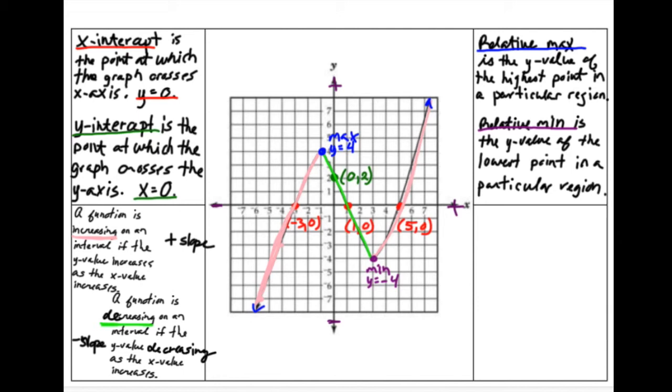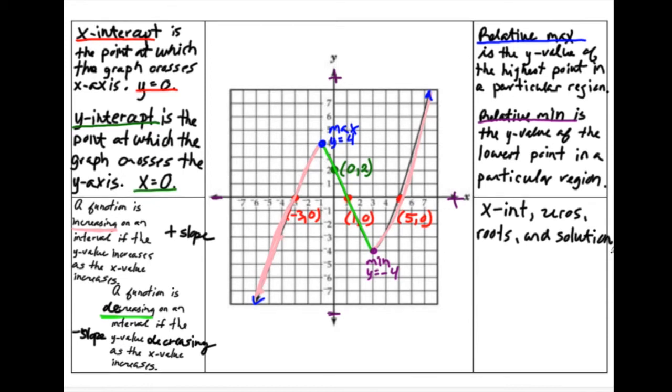The very last section of your foldable is the x-intercepts. The zeros, the roots, and solutions. And again, this is all the same thing. An x-intercept, a zero, a root, and a solution, those are all the same exact thing.